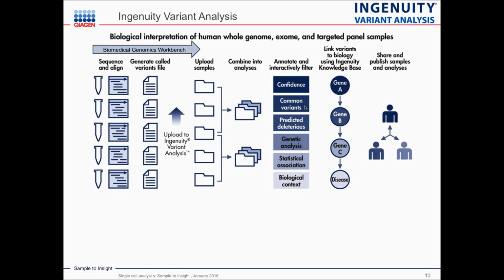You can also identify the variants that have known deleterious effects, and then use some association of the known deleterious effects with genetic information, statistical associations with diseases from the curated literature, and further associate that within a biological context. So if you know that this particular sample is coming from a colorectal cancer, the variant analysis will take advantage of that information to further filter and provide information about the relevance of the variants that you've uploaded.